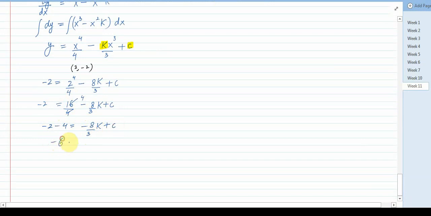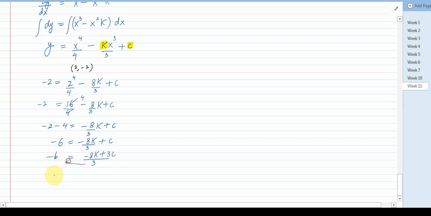Minus 6 equals minus 8k over 3 plus c. That is my first equation, and if I take LCM here, LCM is 3, it's minus 8k plus 3c equals minus 6.